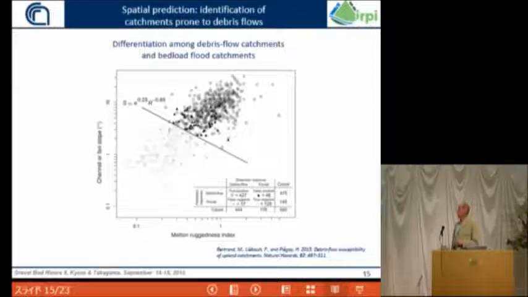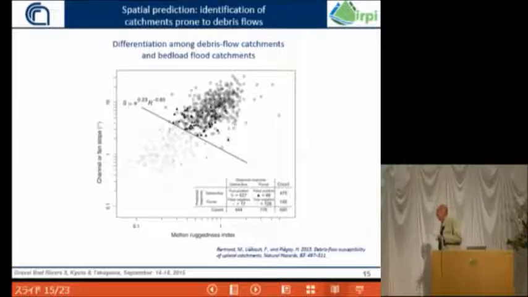Spatial prediction. The basic issue is the identification of catchments prone to debris flows, with a basic separation between catchments affected by floods with bed load and suspended load, and catchments potentially affected by debris flows.